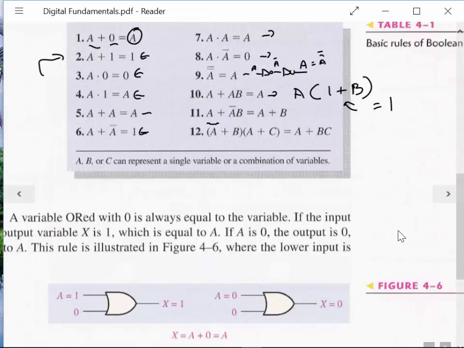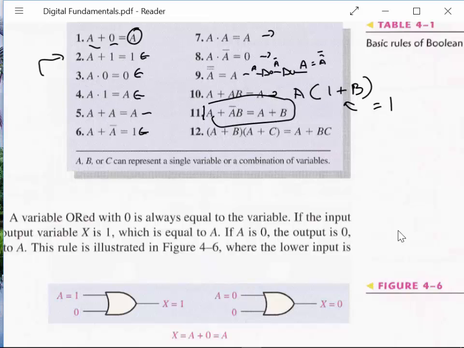But this one here is one that a lot of people don't necessarily see or forget about, and that is A plus A not B is equal to just A plus B. Trying to factor that down, there are some tricks to it, and it's not worth trying to go through it. You just remember that particular rule.